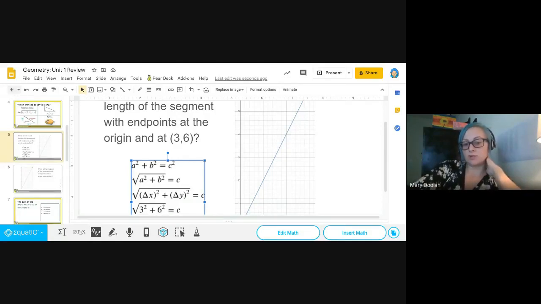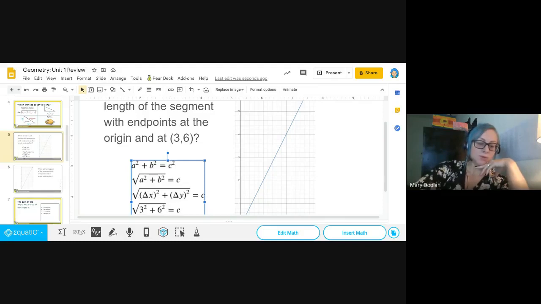When you subtract them, we can call that the change in x, or delta x. We can also call that the change in y, or delta y. That's a Greek letter, delta, kind of like a D in English. So the change in x, 0 and 3, the difference between them is 3. And the change between 0 and 6 is 6. And then I square these.